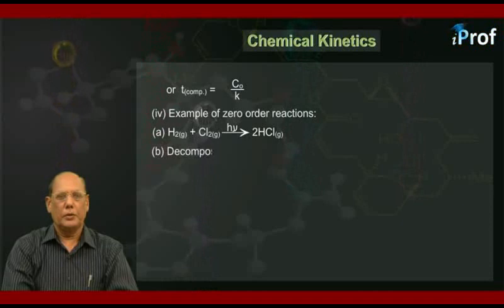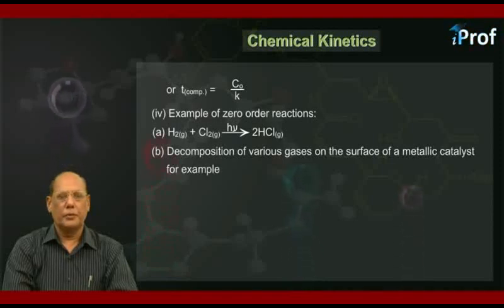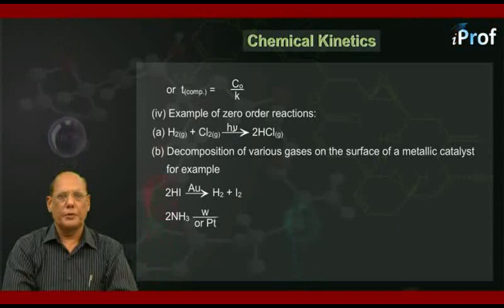B. Decomposition of various gases on the surface of a metallic catalyst, for example 2HI on the surface of gold to give H2 plus I2. 2NH3 on the surface of tungsten or platinum to give N2 plus 3H2.